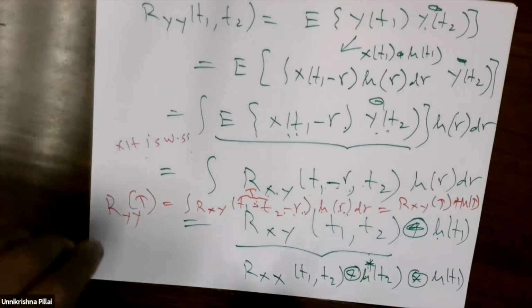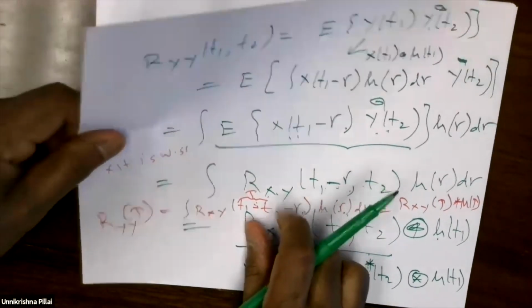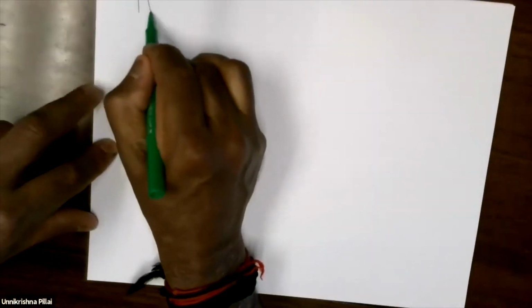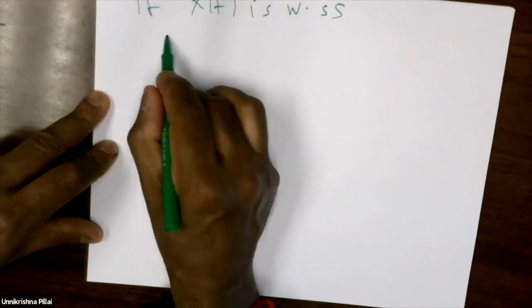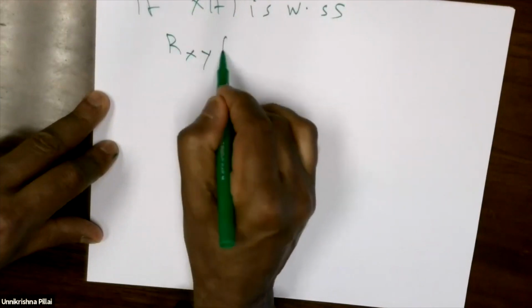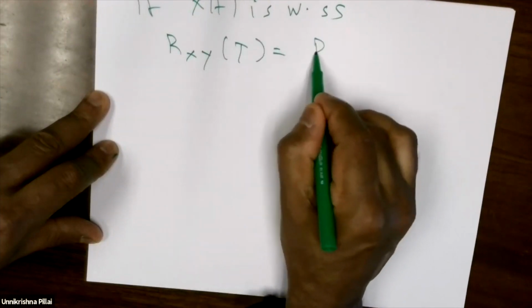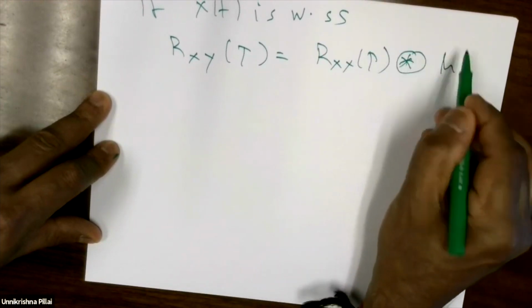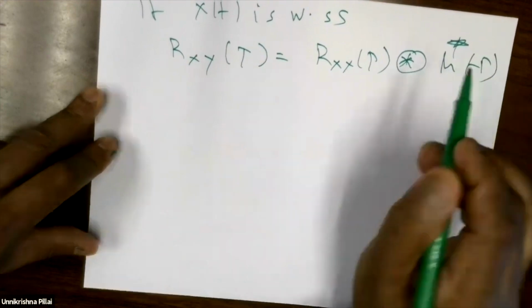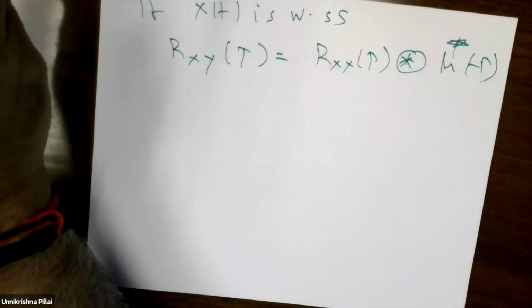So let me do that special case next. If x of t is Wide Sense Stationary, then we had Rxy(tau) is Rxx(tau) convolved with h star of minus tau. This is what we proved one line back here.